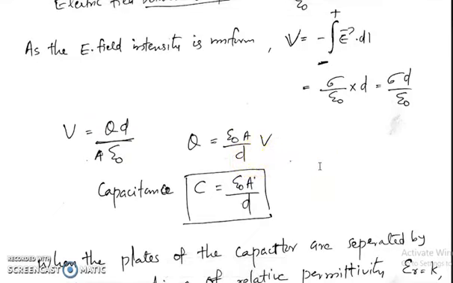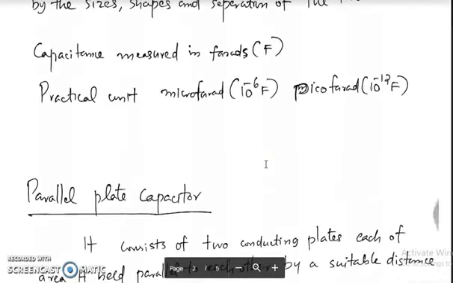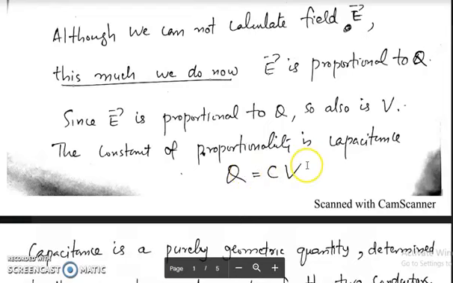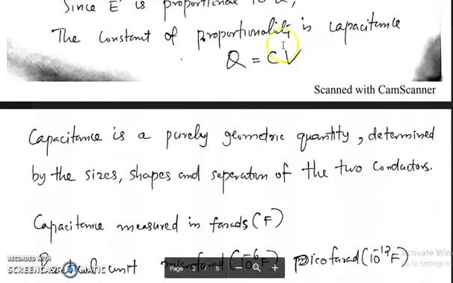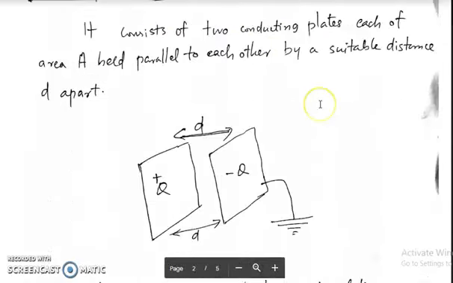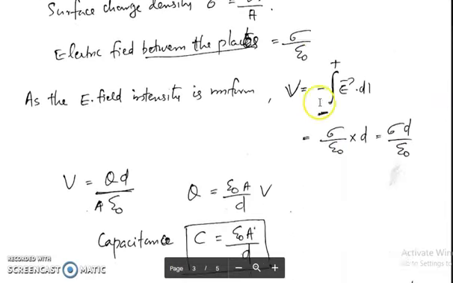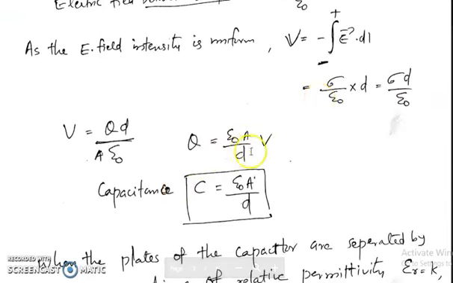And we know Q is equal to CV, so C is equal to Q by V. So Q by V is epsilon 0 A by d.